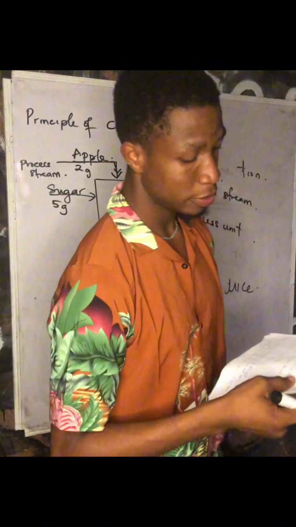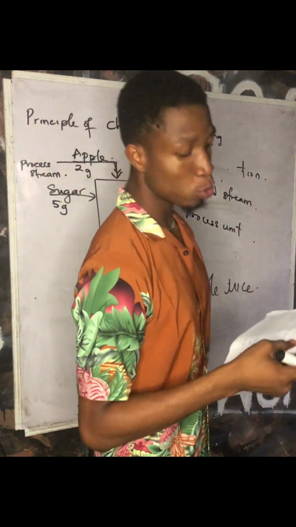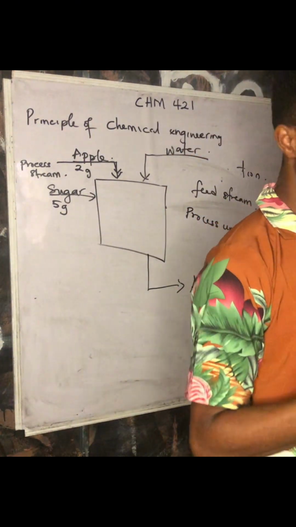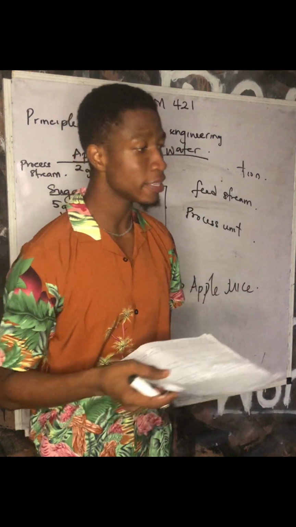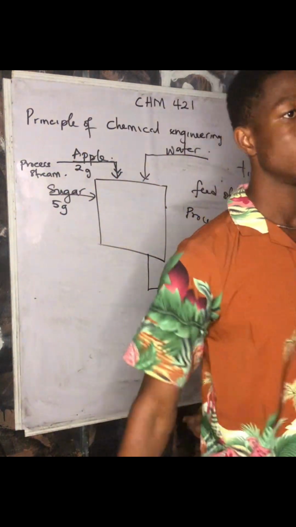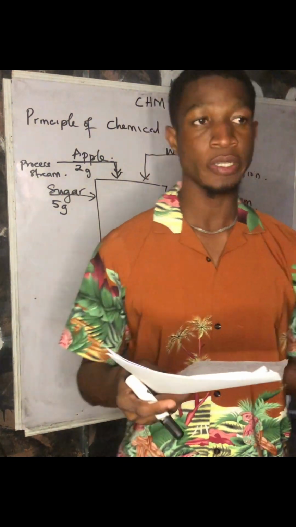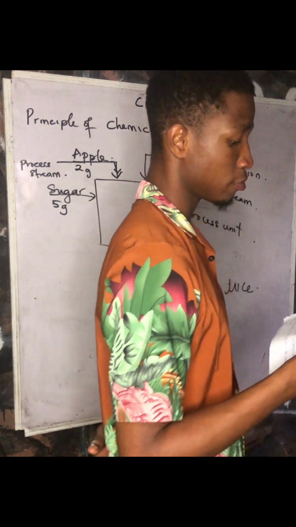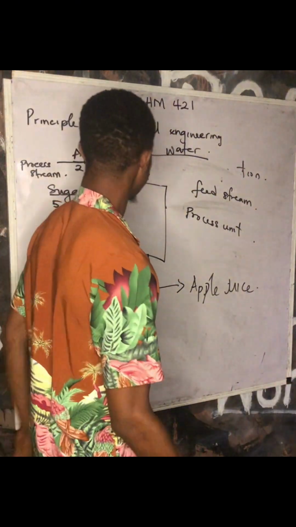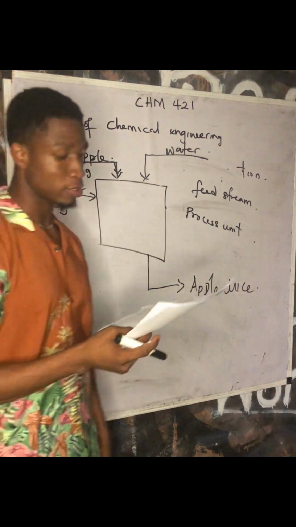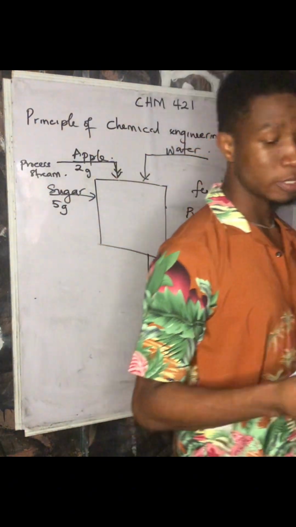Each process unit has something called process streams, which consist of the material that enters and leaves the unit.